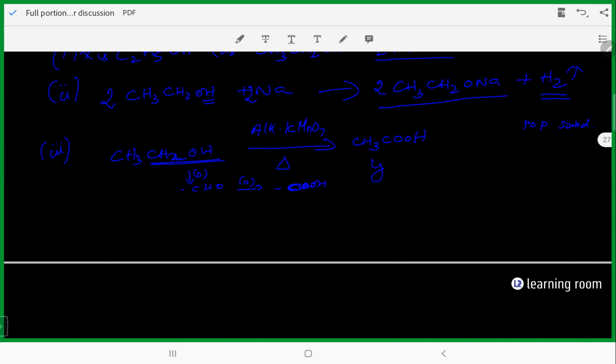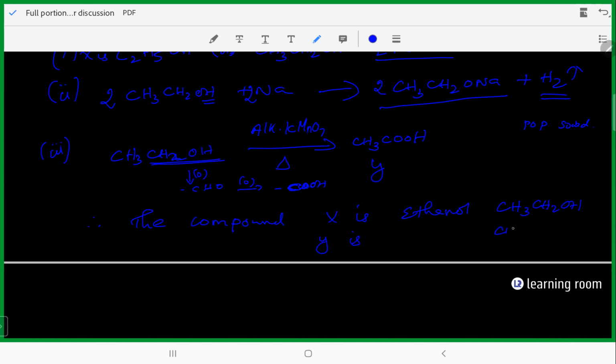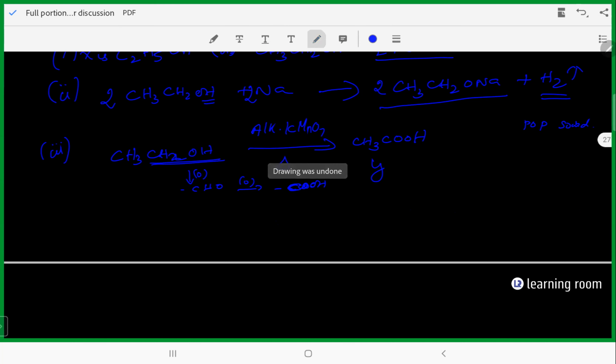Therefore the compound X is ethanol, which has the formula CH3CH2OH, and then Y is CH3CH2ONa. Sorry, Z is acetic acid or ethanoic acid. The formula is CH3COOH. Okay? Yes, sir.